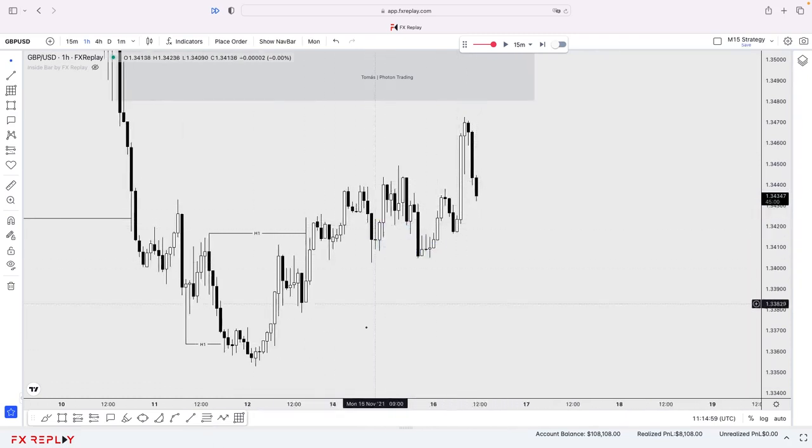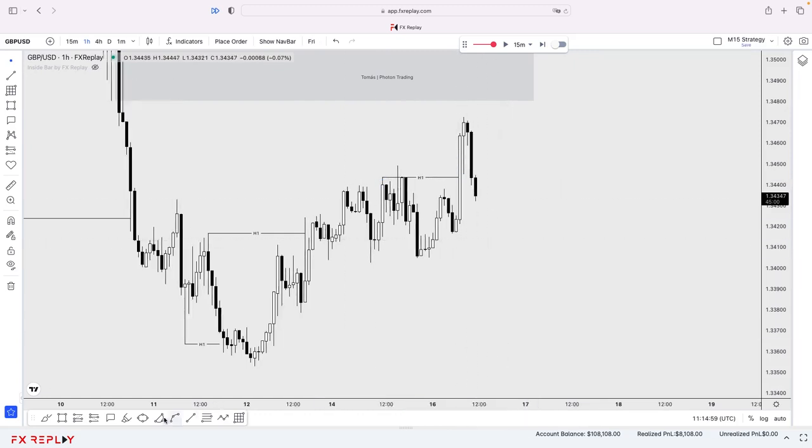So now, what do we have? We definitely have box structure here. So we have this POI here, okay, and we have this POI here.